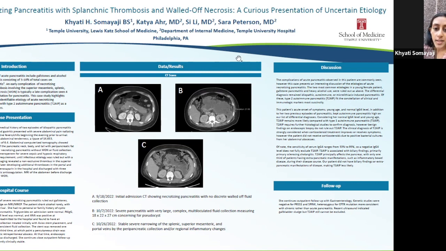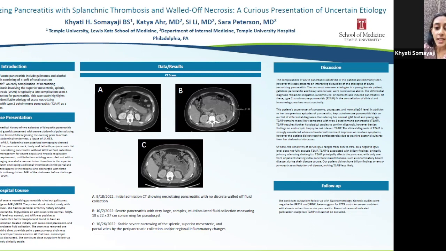So as I mentioned, she continues to be followed by outpatient GI. She is undergoing some genetic studies to see if there are any alterations. She was found to be heterozygous for the CFTR mutation, which is more consistent with chronic rather than acute pancreatitis.